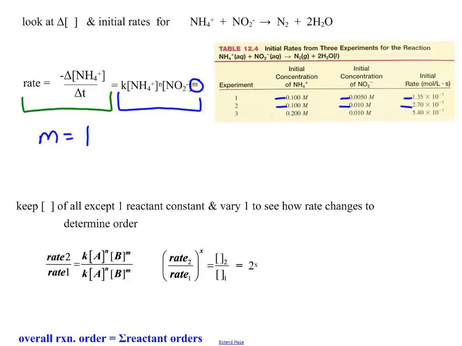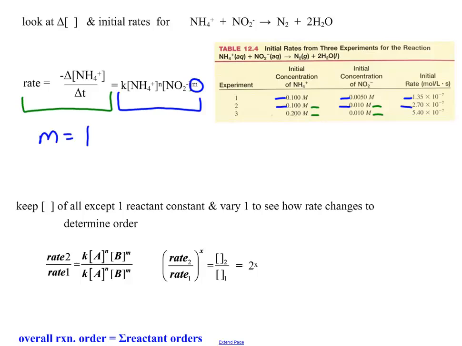Now I'm going to do the same thing and look at experiments 2 and 3, because for experiment 2 and experiment 3, the concentration of nitrite is kept constant, and the concentration of ammonium ion doubles as I go from experiment 2 to 3.